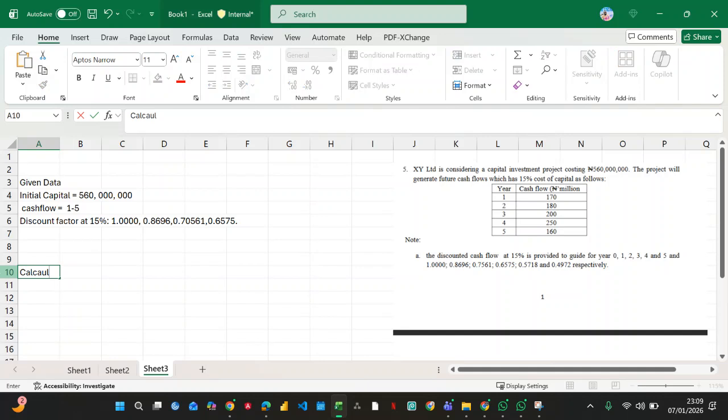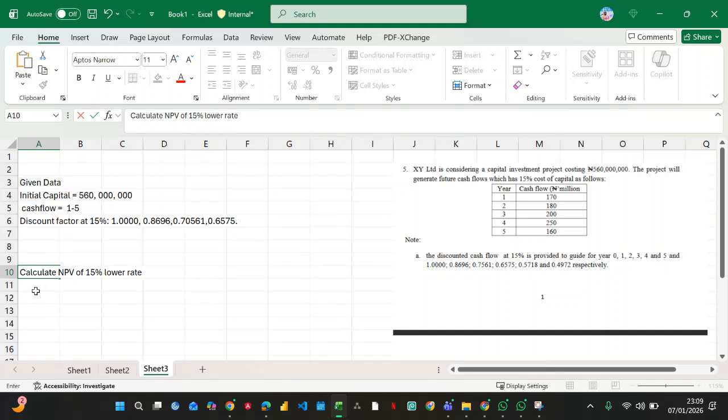Okay, so the first step is to calculate. We are going to have the NPV of 15%, which is the lower rate.